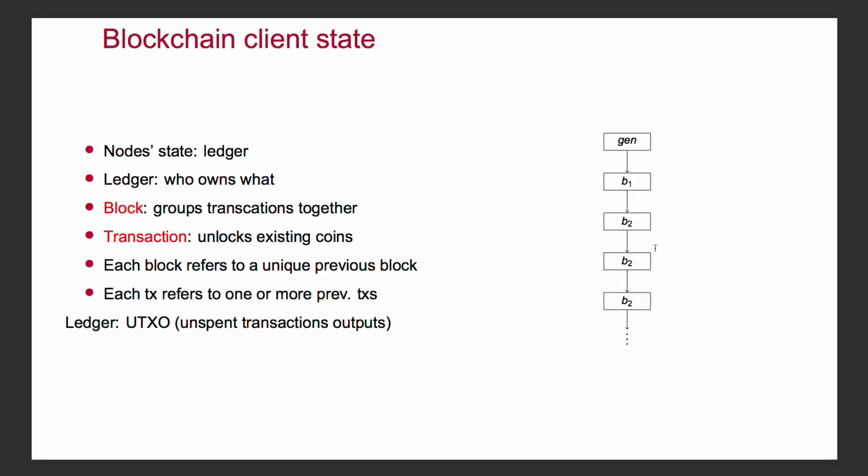Each transaction points to a previous transaction whose coins it spent. So transactions point to previous transactions, and each block points to a previous block. This is a sequence of blocks, and the ledger is actually the transactions that have not been spent yet. That's our ledger essentially.